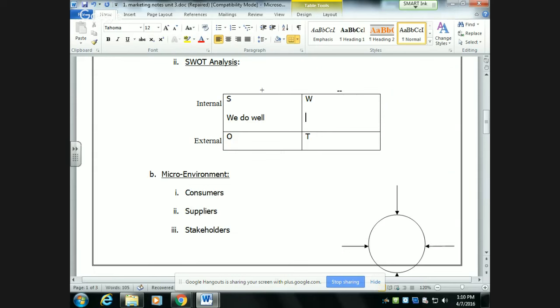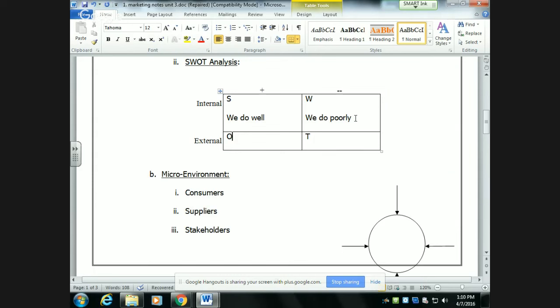Weaknesses, just the opposite of that, things that we do poorly. Okay, and this has nothing to do with our competition at this point. This is just us objectively looking at the way we do business and say, hey, we're not very good at that thing. Maybe our shipping times are too long, or maybe we don't pay our employees as much as we could, or whatever the case might be.